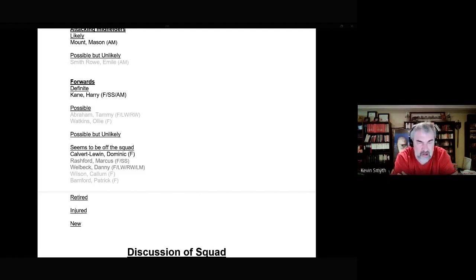Also possible, Ollie Watkins. He started one of their 13 games since the Euro Cup and was on the bench for 3 of them, but actually was not selected for 9 matches, including the last 4. So I suspect things will come down to form for him too, and the form is not outstanding so far this season.